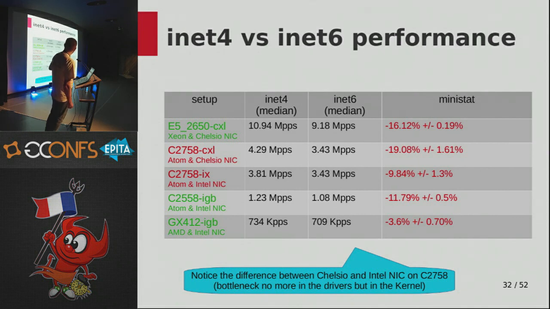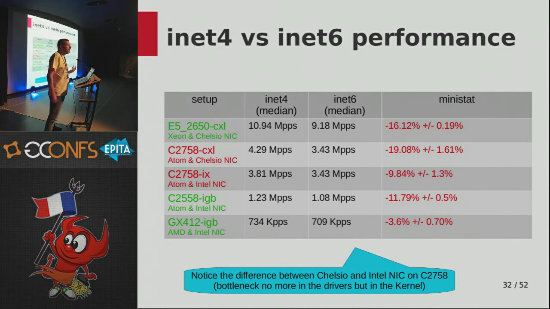Hopefully, I'm still over 7 million packets per second, but the impact is quite large. A funny thing here: on the 8-core Atom, there is no more difference between the Chelsio and the Intel, because it's the kernel that loses all your performance, not the driver anymore. This is the impact with just IPv6. We need to work a little bit on this part.